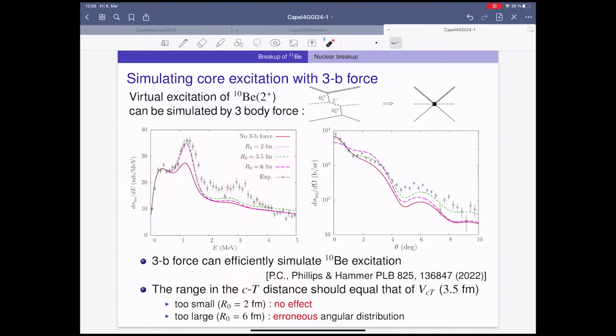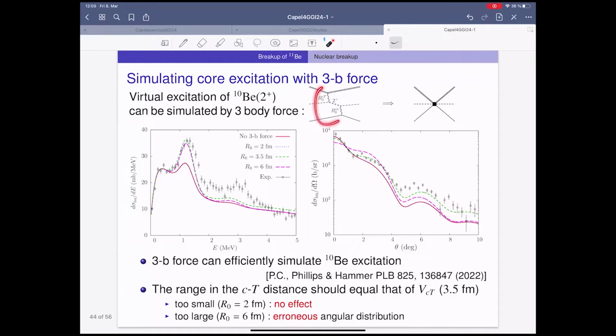Not at this level, showing that there is something more to that. So you need to include that. This is the energy distribution. This is the angular distribution measured by Fukuda and collaborators, and the green dashed line also agrees very well with the data. So we didn't fit much.